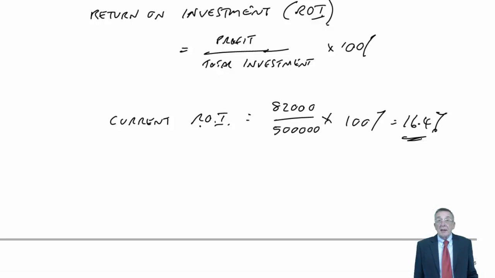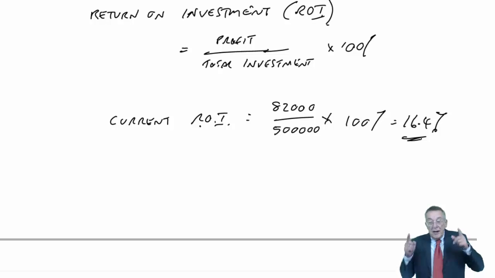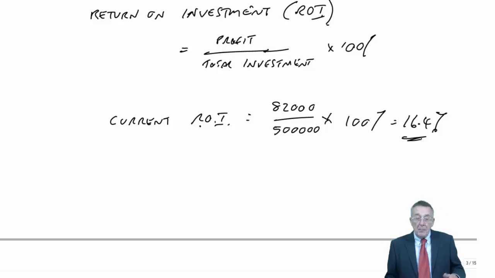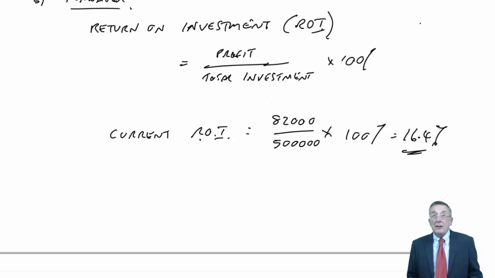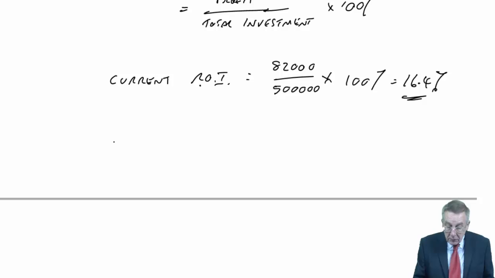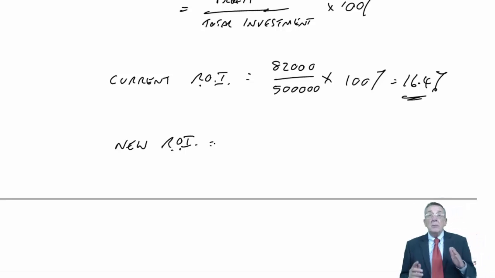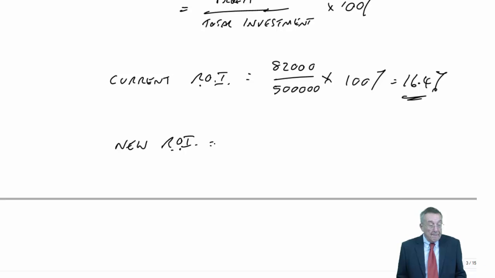All the manager cares about is, can we improve that or not? If it goes up, good. If it goes down, bad. So in deciding whether to take the investment, the manager will ask, what will the new return on investment be if we acquire this machine?